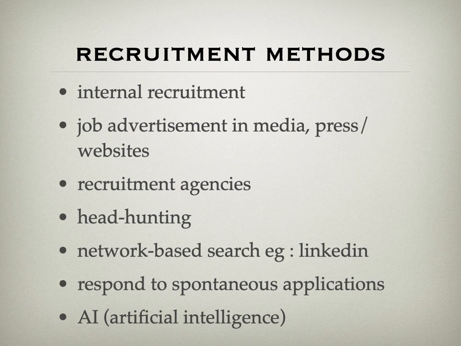You can use a recruitment agency. You can do headhunting, chasseur de tête. You can actually go out and try to find the people who correspond to the profile you are looking for. You can use a network-based search, such as LinkedIn. You can respond to spontaneous applications, des candidatures spontanées.